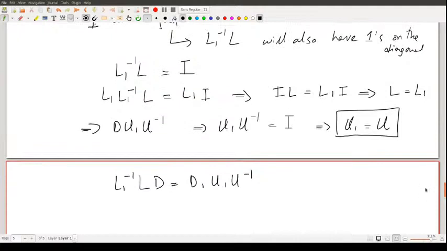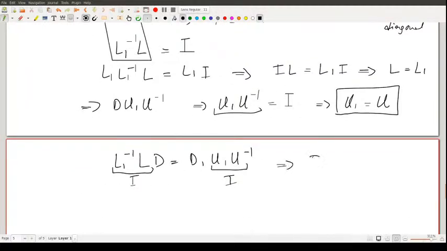I have established that this is the identity matrix over here, right? And I've established that this is the identity matrix. So I get identity times D equals D1 times the identity, which tells me D equals D1.